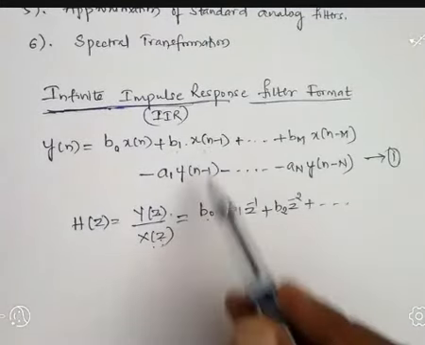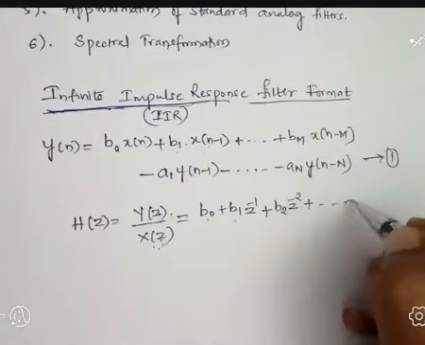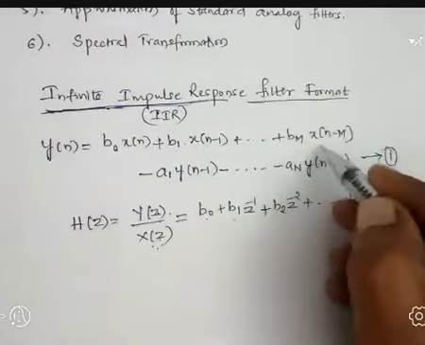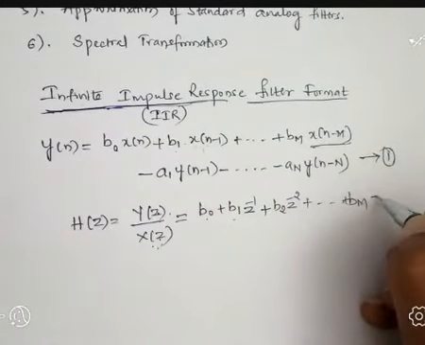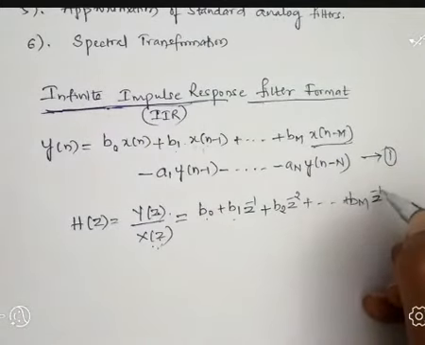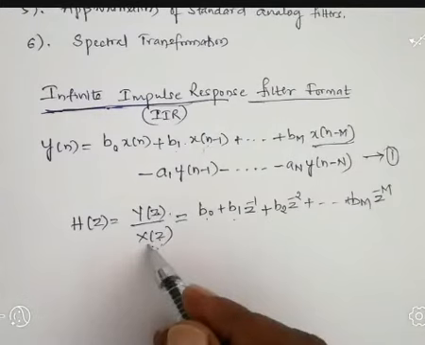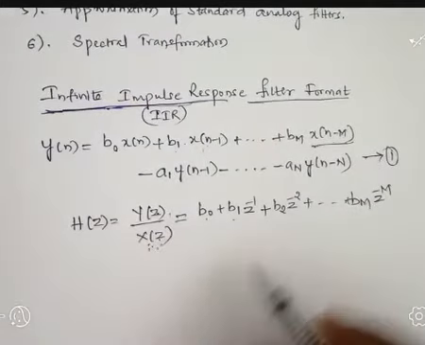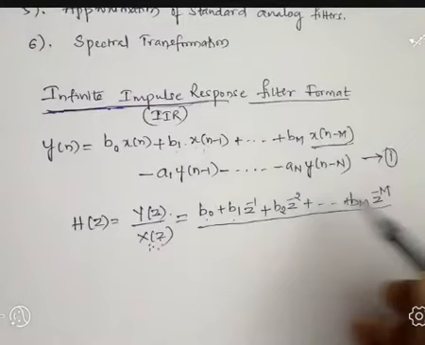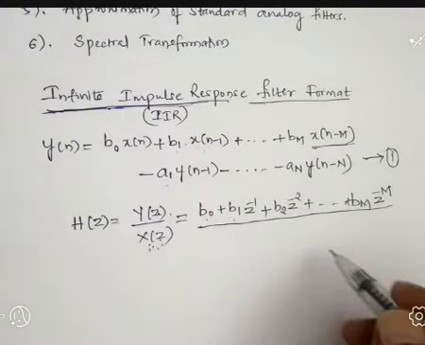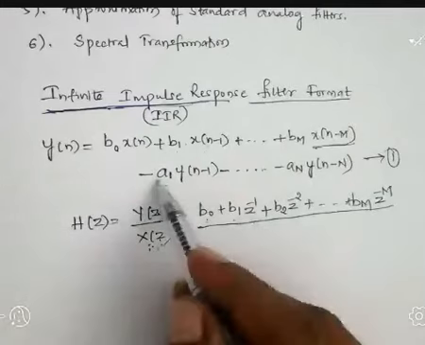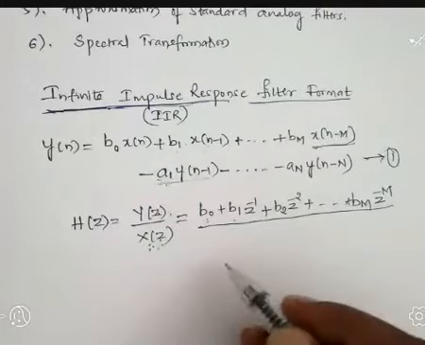Similarly it goes on up to bm z to the power minus m into X of z. X of z is taken common, and we take it to the denominator side. Coming to the output side, there is no zeroth term, so take it as 1.